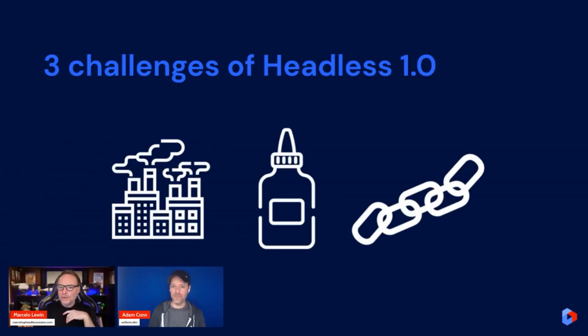Now, real quick question for you, and this is just to have a little conversation around that. The promise of Headless 1.0 was single source of truth, right? That's when you actually started creating objects of content that you can reuse across the organization. But that meant that authors also had to rethink the way they create and manage content.